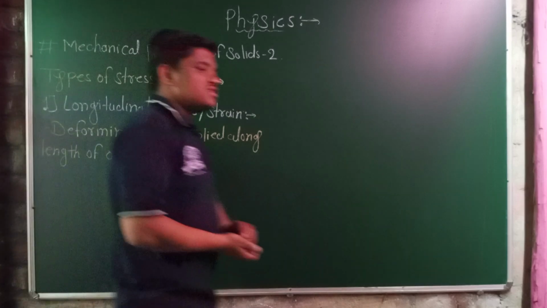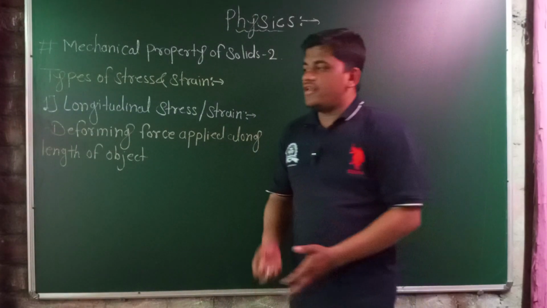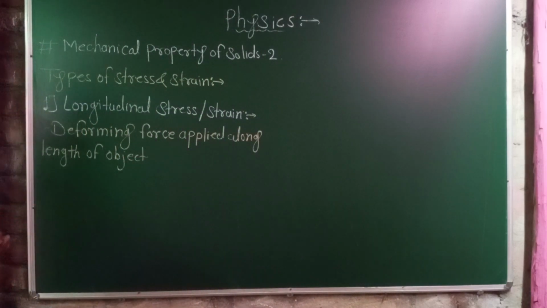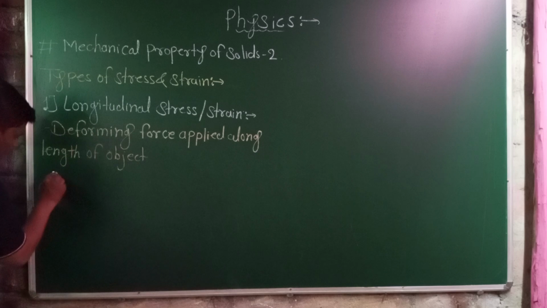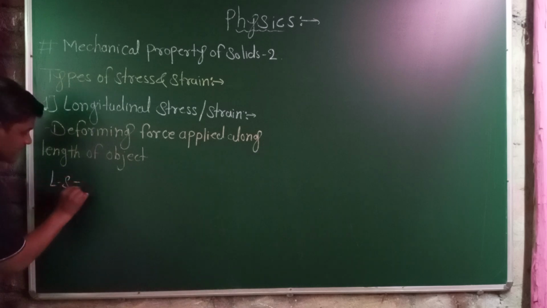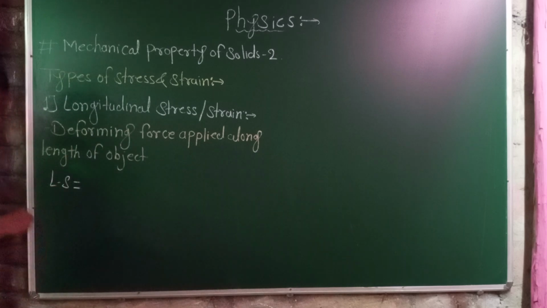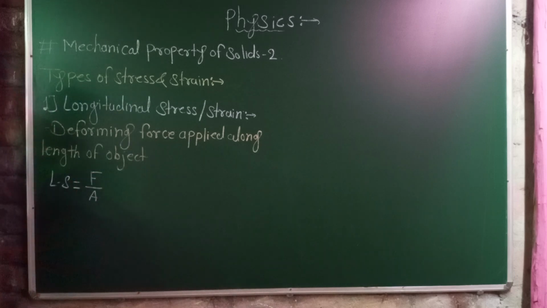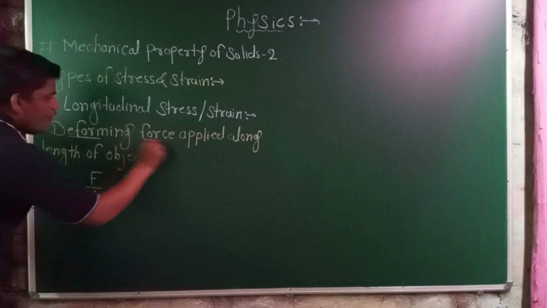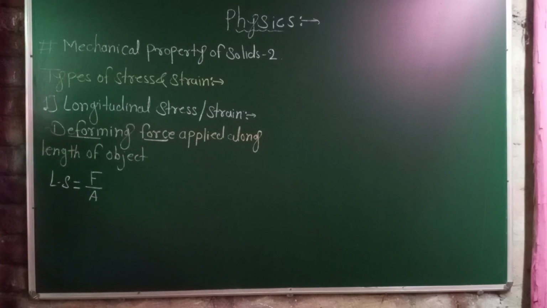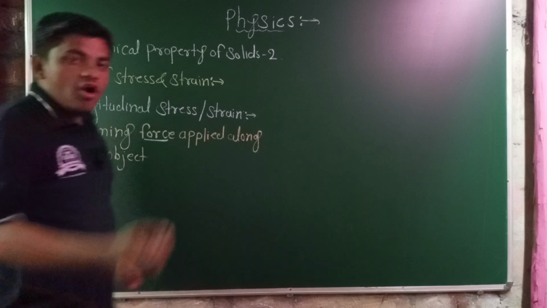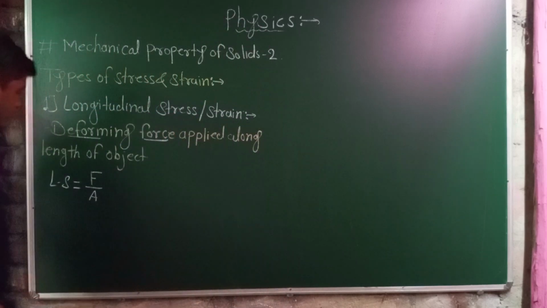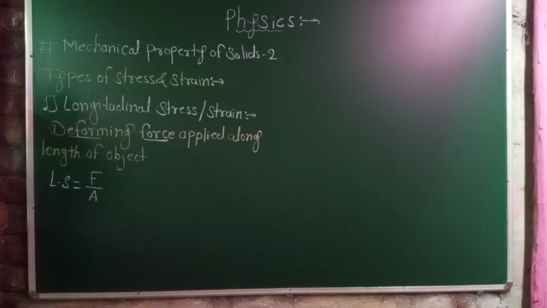The deforming force is applied along the length of the object, which means the length of the object will change. The longitudinal stress, denoted as L.S., is the applied deforming force per unit cross-sectional area of that string or rubber band, whose length changes.